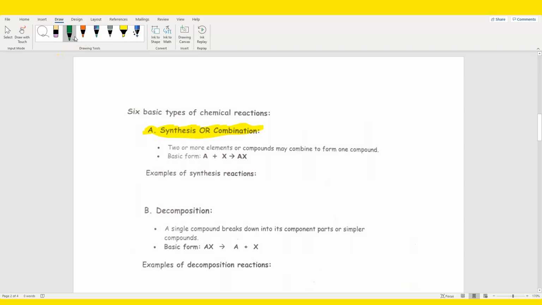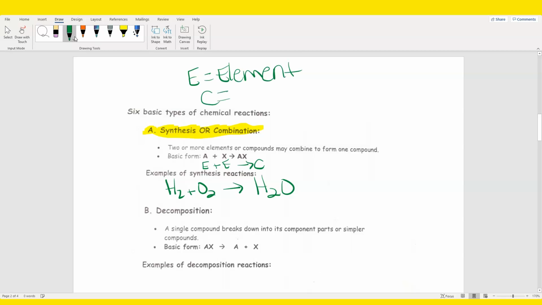So in other words, if I give you, let's say, hydrogen plus oxygen, well, you know what those 2 form. They form water, H2O. So it is an element plus another element that's going to form a compound. Now, because of space, I'm going to just abbreviate. So E, in any example that you see me write out, stands for element, and C stands for compound. All right.